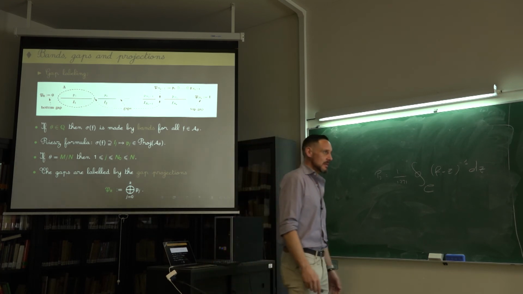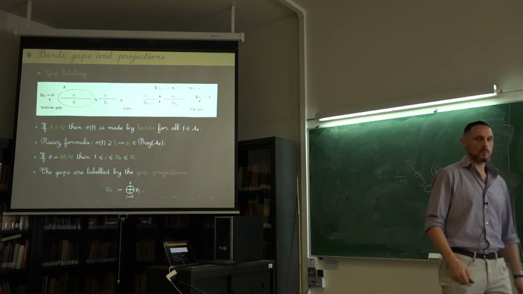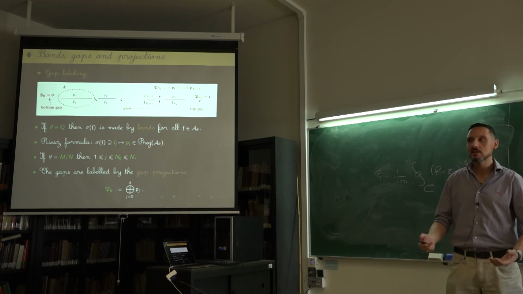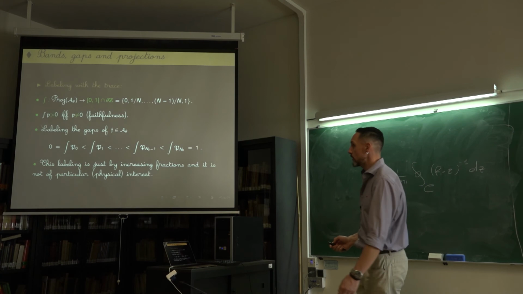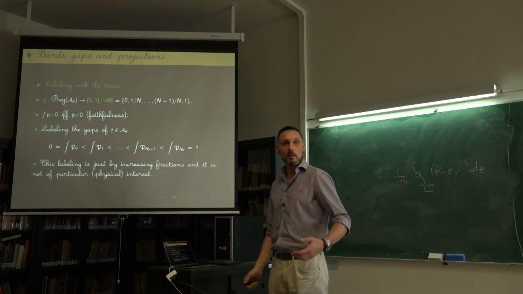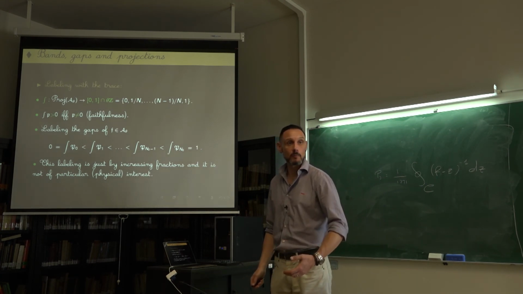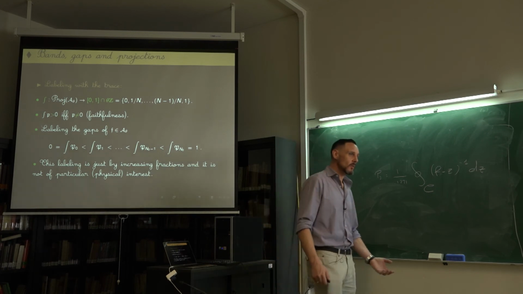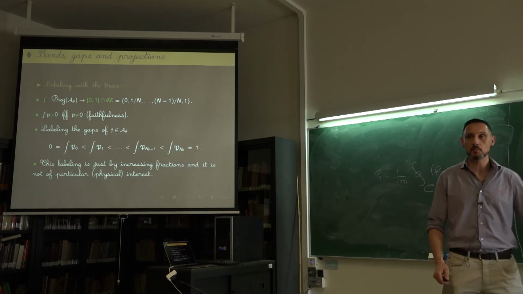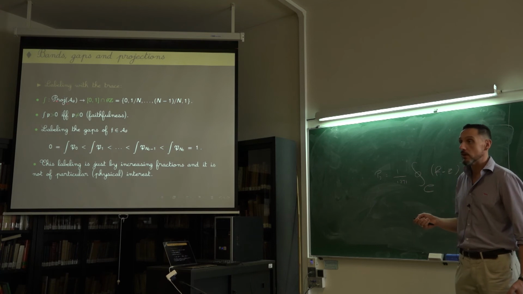But this labeling is in some sense somewhat abstract, because projections in this case are abstract objects. I would like to label my gaps with some number. It means that I want to associate some number to this projection. I can do this with the trace.